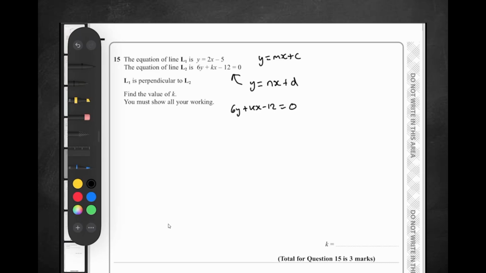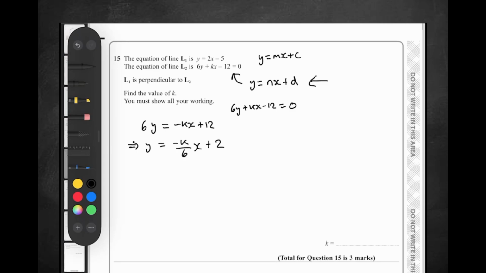We want y on its own, so let's take everything else onto the other side. So that would be 6y equals minus kx plus 12. Therefore, y equals minus k over 6 x plus 2, which is now in the format that we want.